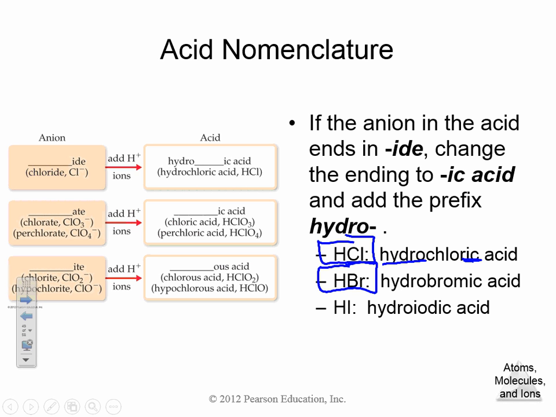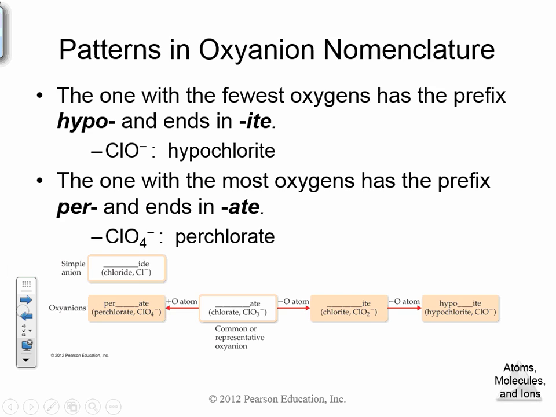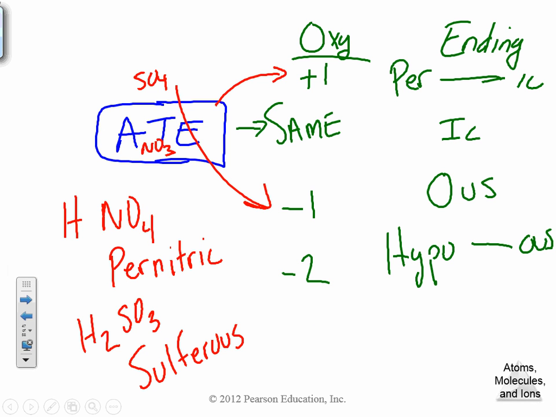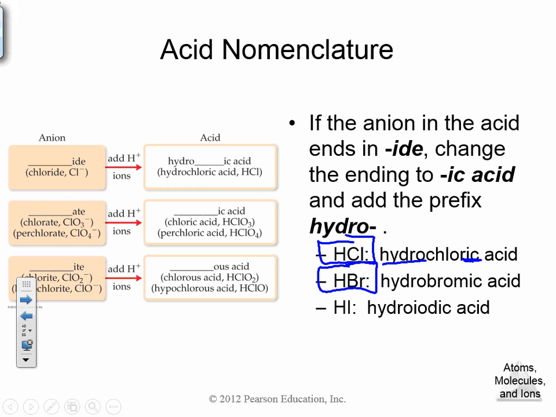Remember, you only name the hydrogens when you have a binary acid, such as HCl, HF, HBr, HI. Other than that, you're not going to name them. When we had an oxyacid in these examples, we didn't name the H. We left it be. The only time you're naming an H is when you do a binary acid.